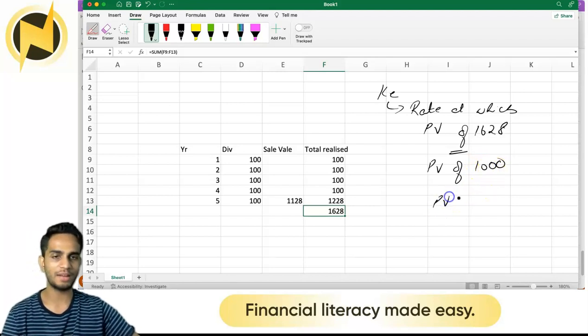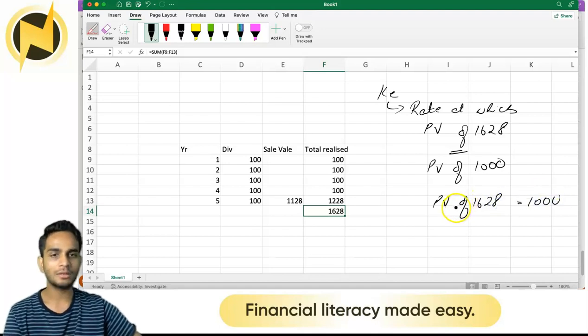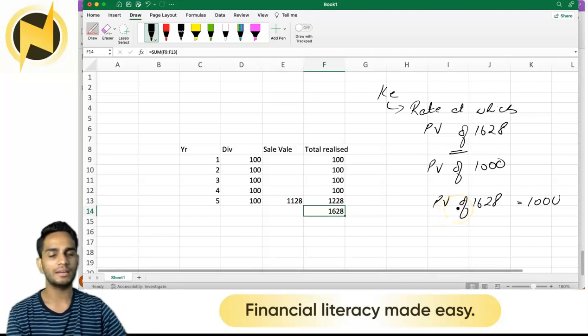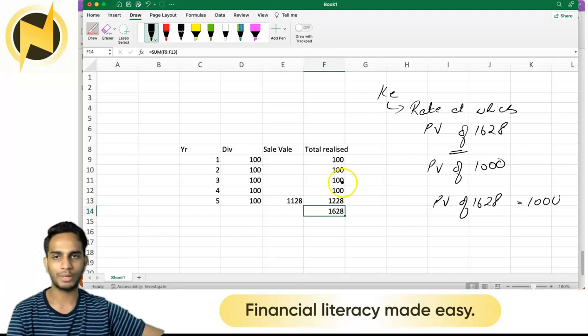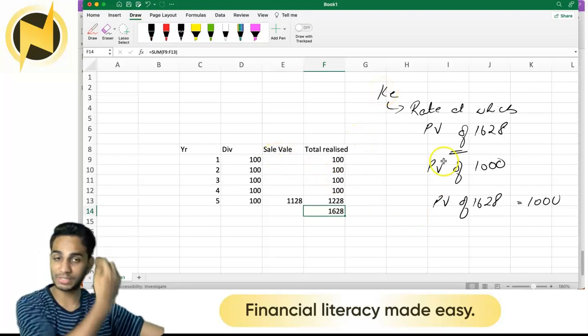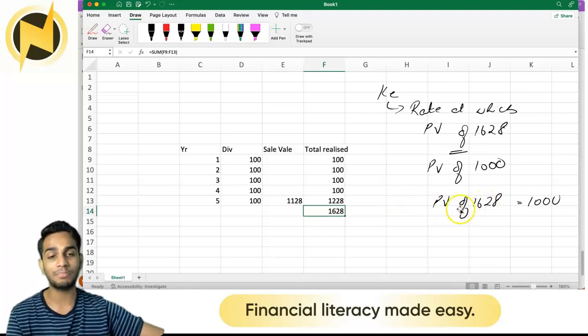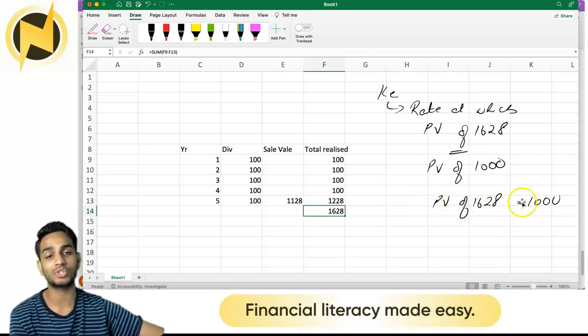So when the PV of 1628 equals 1000, that rate which gives that particular PV will be my cost of equity. So what we need to do here is find the percentage which gives the PV of 1628 as 1000. Alright, that's what we have to do.